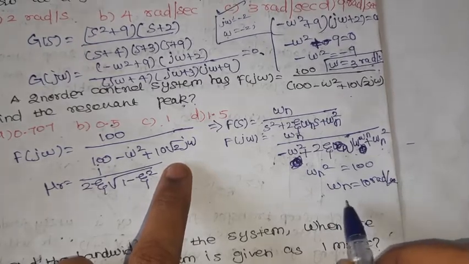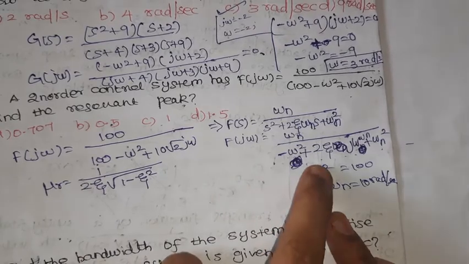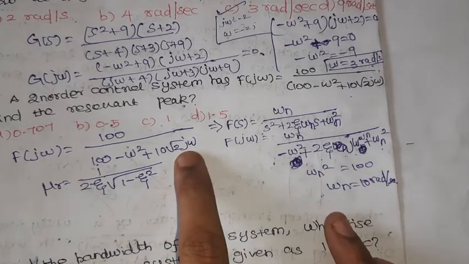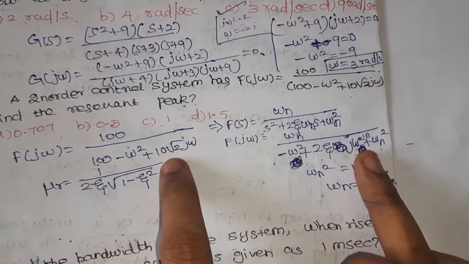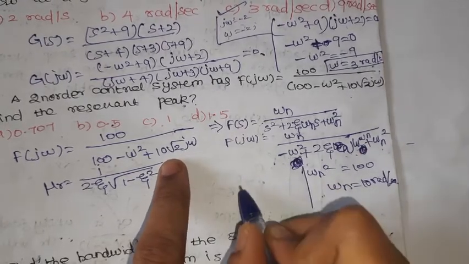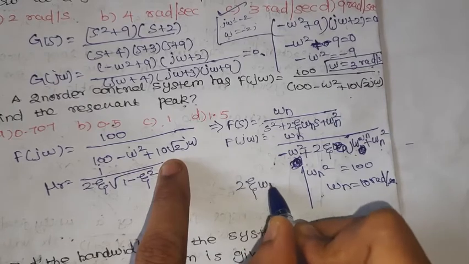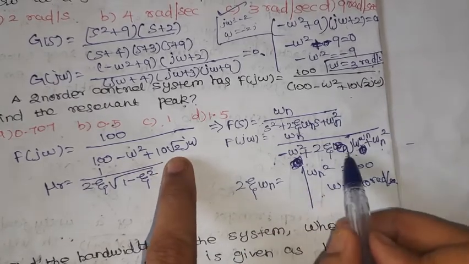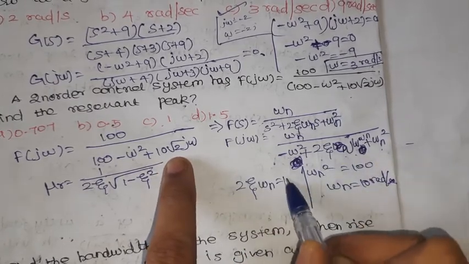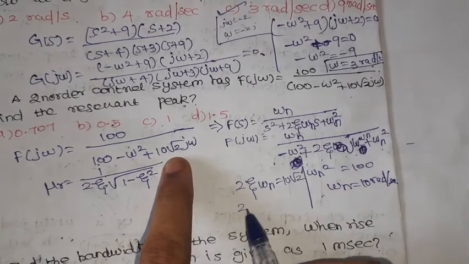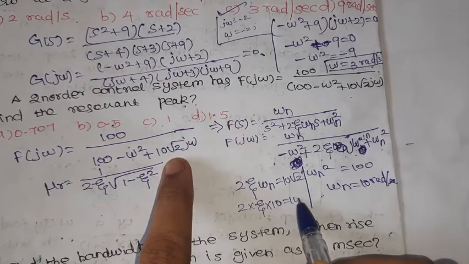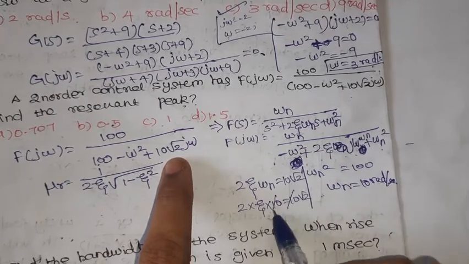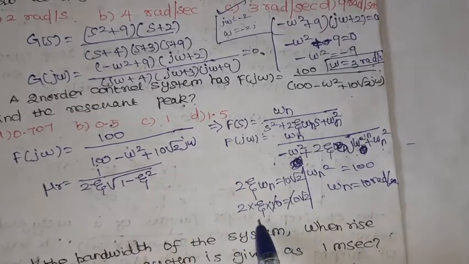We found the omega n value. Then the j omega term, 2 zeta omega n into j omega, has coefficient 10 root 2. Substituting omega n as 10, we get 2 zeta times 10 equal to 10 root 2. The 10 gets cancelled, so 2 zeta equals root 2.